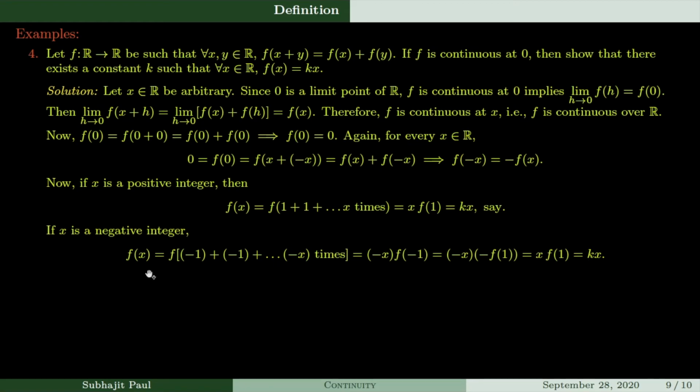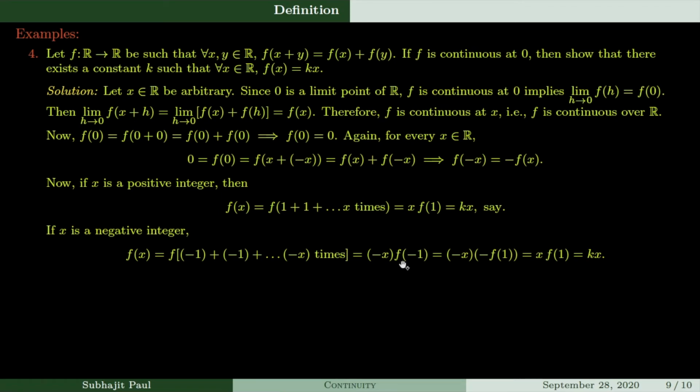Understand this a bit critically. Suppose x is minus 3, then minus 3 will be minus 1 plus minus 1 plus minus 1. So that is how many times? 3 times, and that 3 is minus of minus 3. Therefore by additivity again, it will break into f of minus 1 plus f of minus 1 plus f of minus 1, here it will go minus x many times.